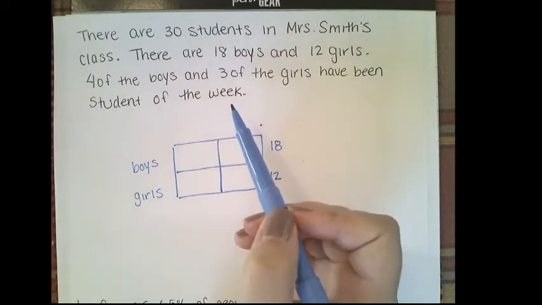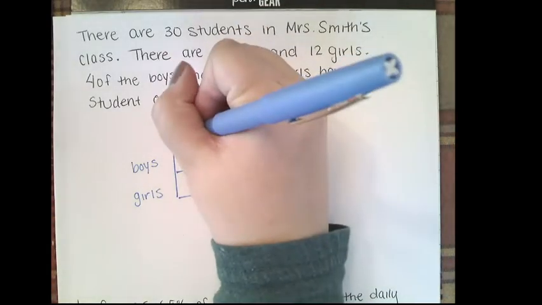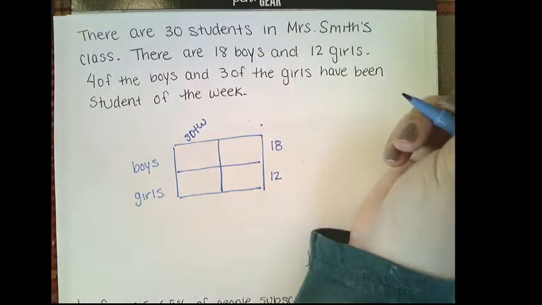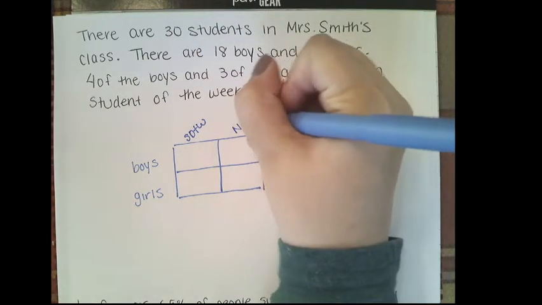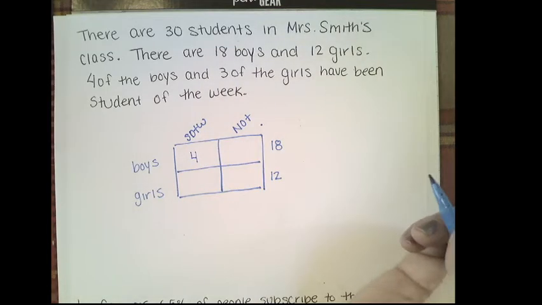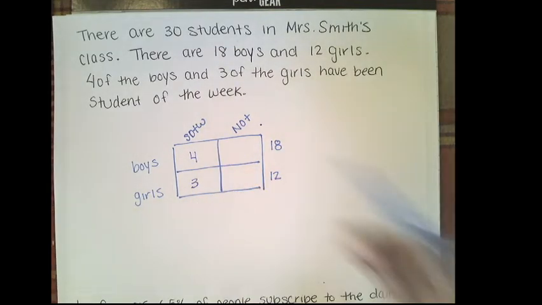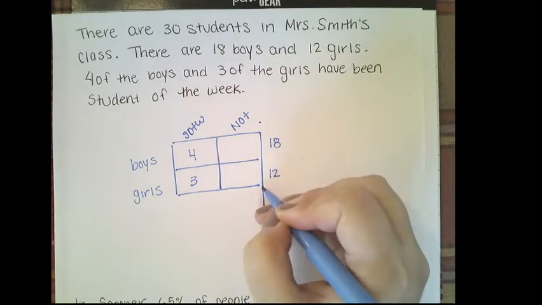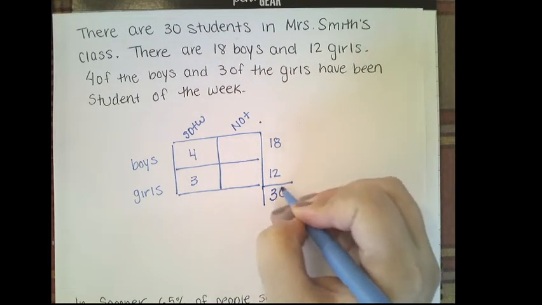Either they have been or they haven't been. And 4 boys have been Student of the Week and 3 girls. So that is almost all the numbers. We also have 30 students.